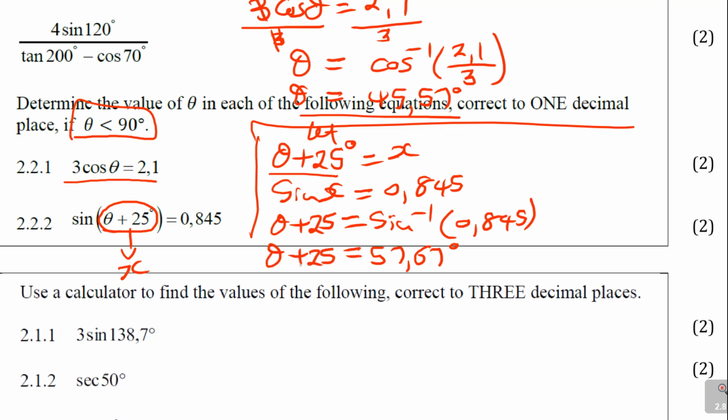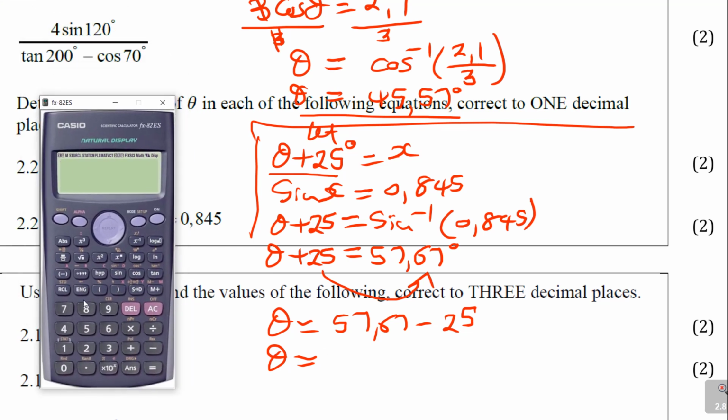Then after that, take 25 to join that angle. Then you've got theta is equal to 57,67 minus 25. That's how you solve it. As I say, guys, it's not supposed to stress. 57,67 minus 25, there it is.